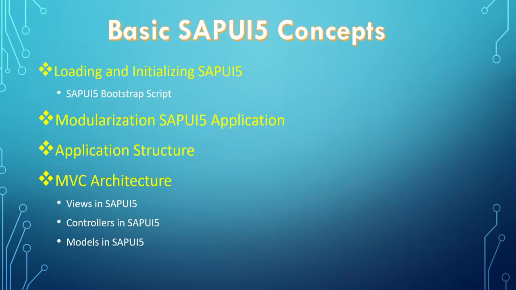In today's video, I will explain how to load and initialize SAP UI5 scripting, what the modularization of an SAP UI5 application is, and the application structure. If you create an application, what files will be generated, what is the use of those files, and what content is within the files, everything.